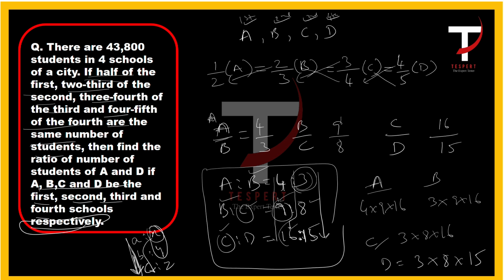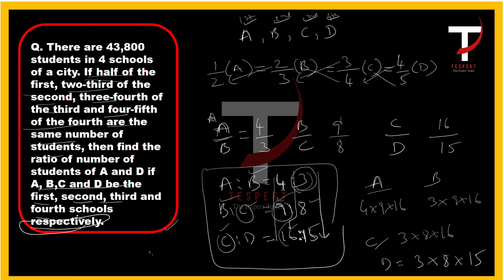To calculate c, we take these two values and this value. To calculate the value of d, we take all these values. For a, all the antecedents. For d, all the consequents. For the remaining values, pick one value from here and two from here, and so on.